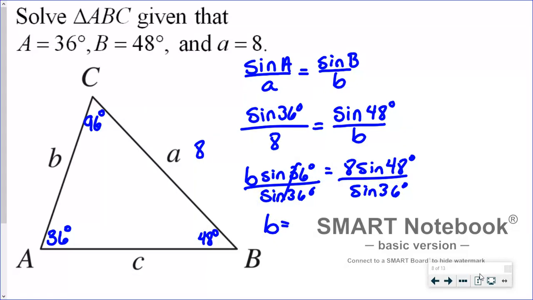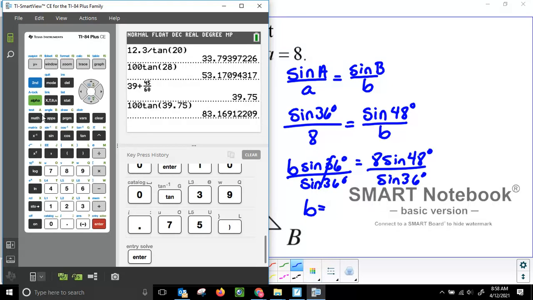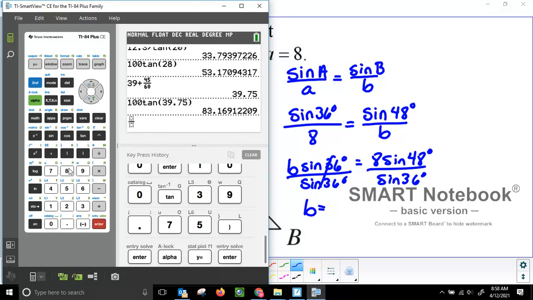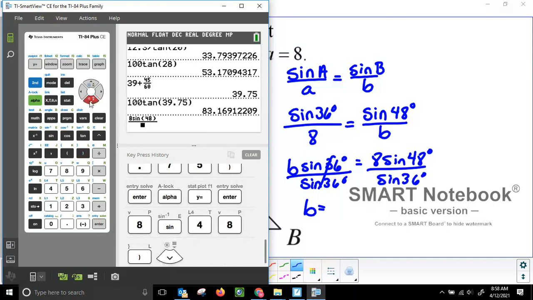So when we do that, we can say B equals 8 times the sine of 48 over the sine of 36.